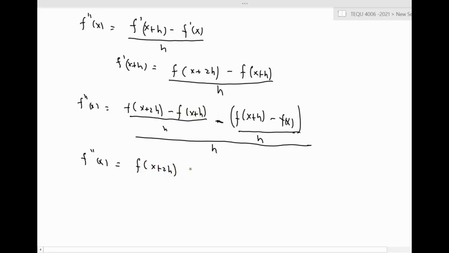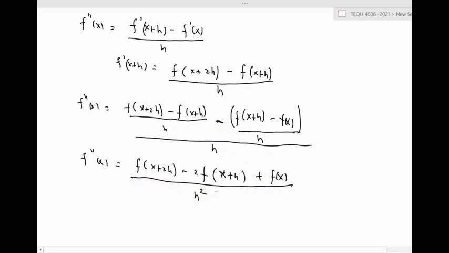So minus minus would be plus 2. Sorry, it's not plus, it's minus, right? Negative and negative would be minus 2f of x plus h. Now I have this negative and this negative, that would be a positive. Remember, everything is under h, but there's another h here, so that would be h squared. All right, there we go.